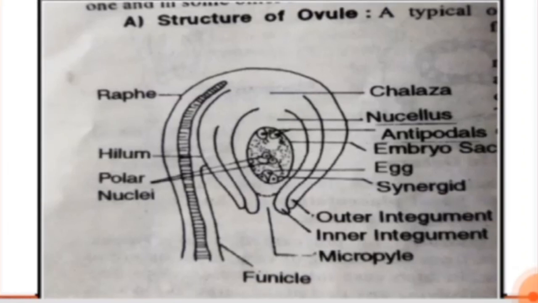The egg apparatus consists of a central large ovum or egg and 2 lateral synergids. These synergids give nutritive support to the development of the egg, and during the development of the embryo, these 2 synergids degenerate.